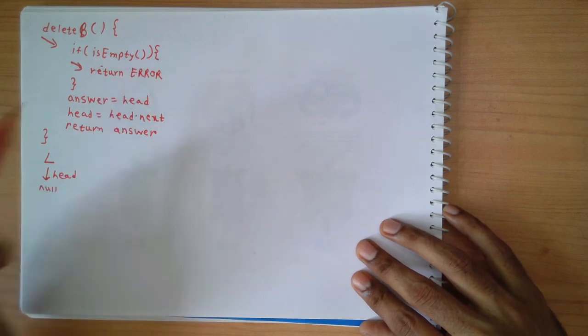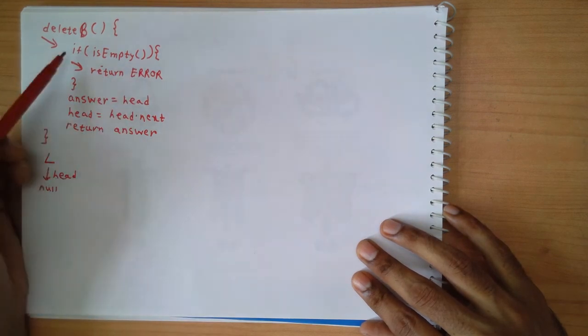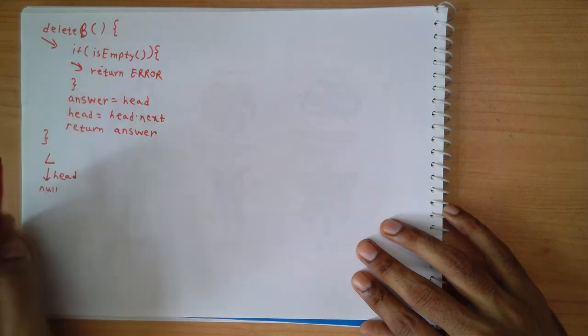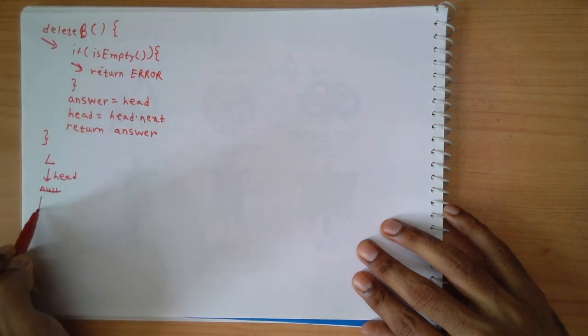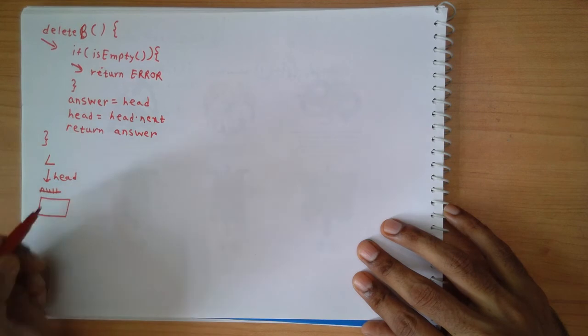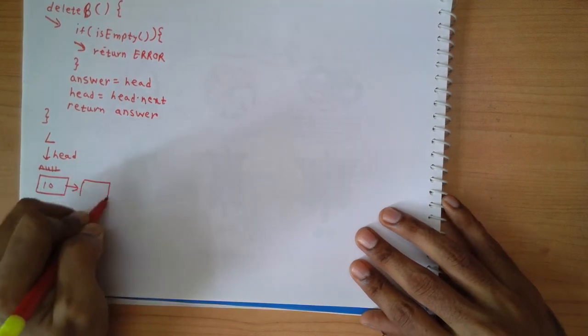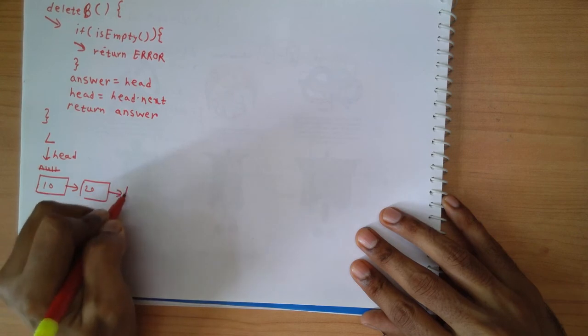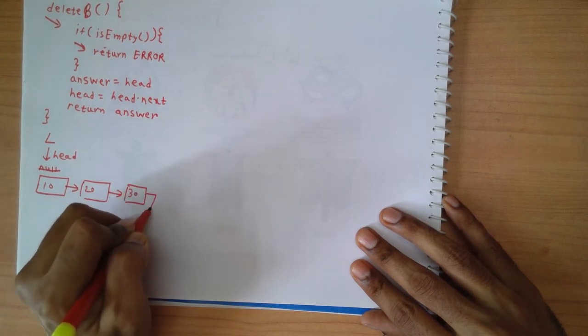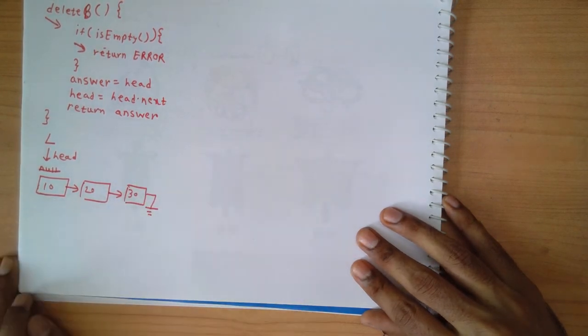If this is true, which will happen here, I would come inside and return error. Instead of that, now let's create a list that has, let's say, 3 elements.